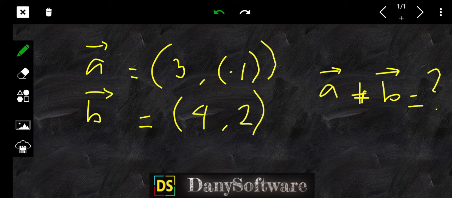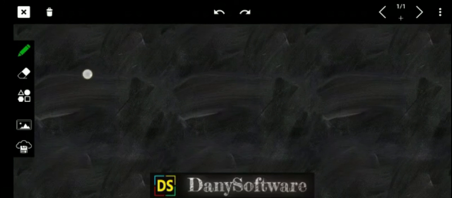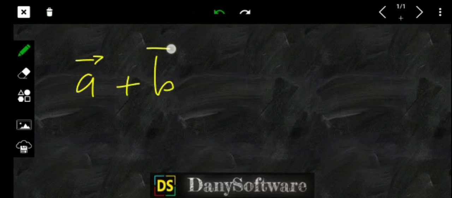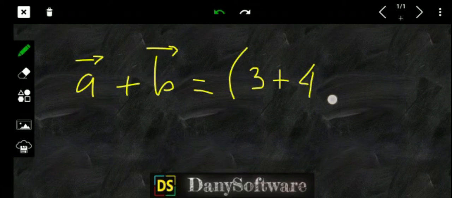Well, the convention is, if we're taking the sum of two vectors, we can just add up their x components to get our new x component, and add up their y components to get our new y component. So we can add up 3 plus 4 and -1 plus 2.